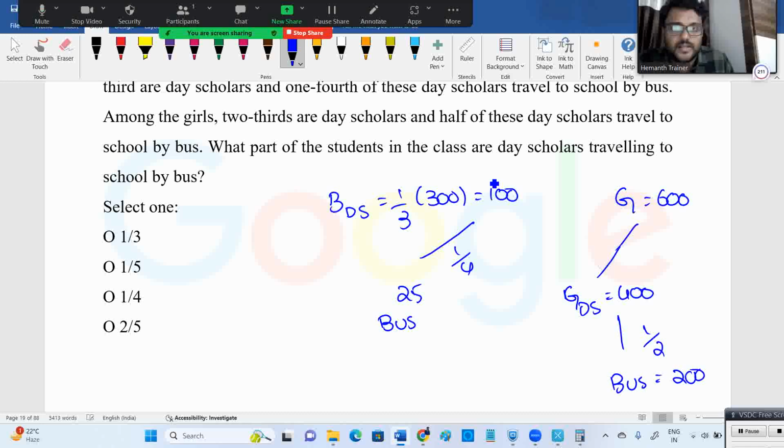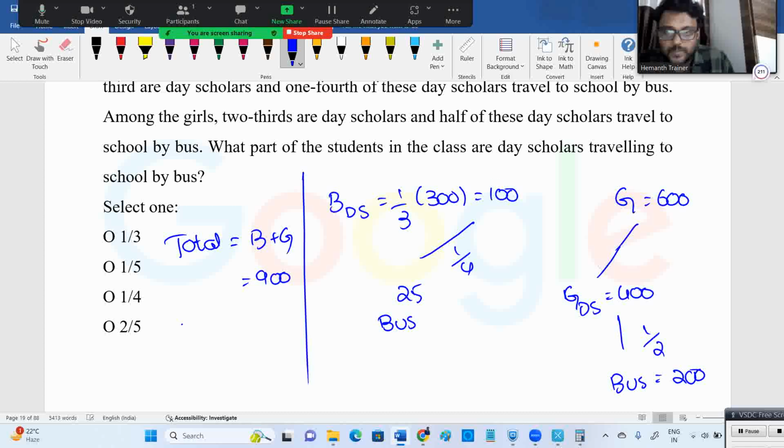Now the question is, what part of the students? Total students is boys plus girls, which is 900. How many are traveling by bus? Bus travelers are 225: boys 25, girls 200. 225 out of 900 is 1/4.